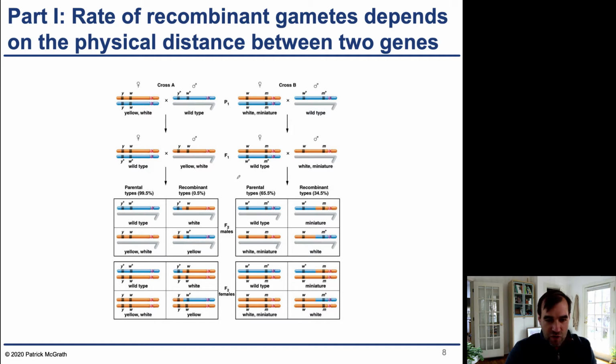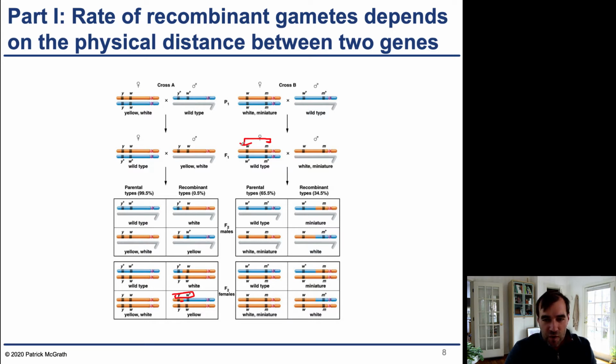And so the only way this individual can produce these recombinant gametes is if the crossover occurs in between these two genes. And so the larger the distance between the two genes, the more likely that something like that happens.